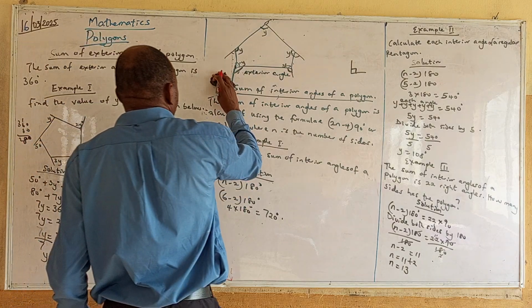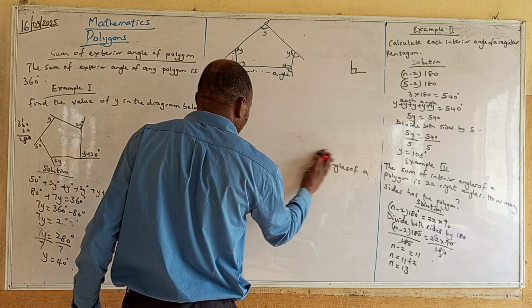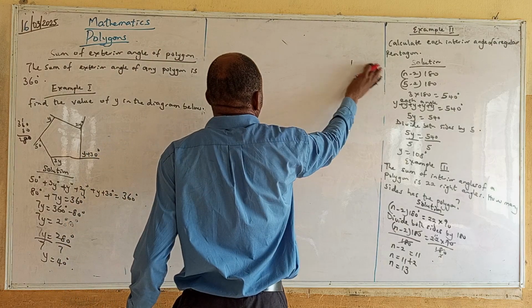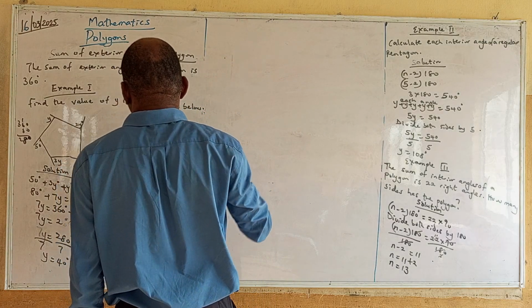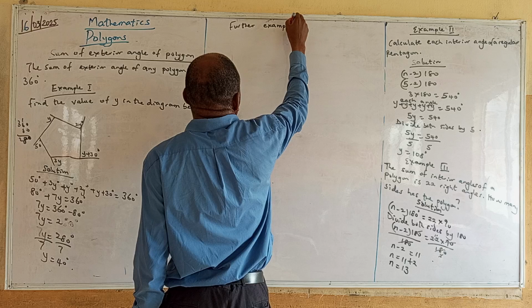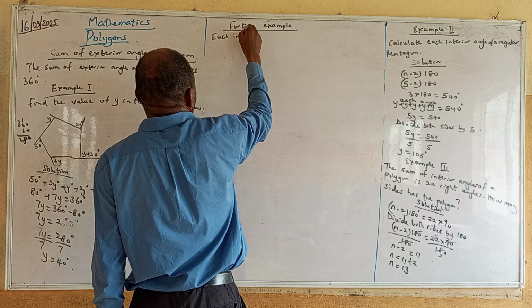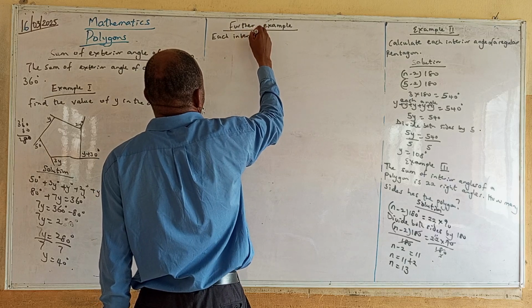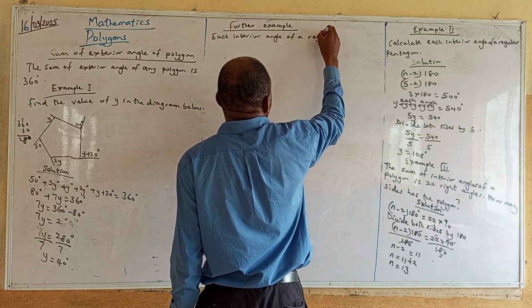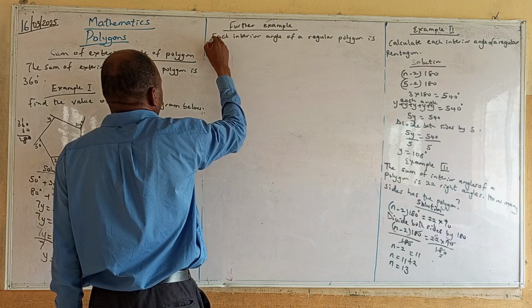So let me solve this question. Each interior angle of a regular polygon is 150 degrees.